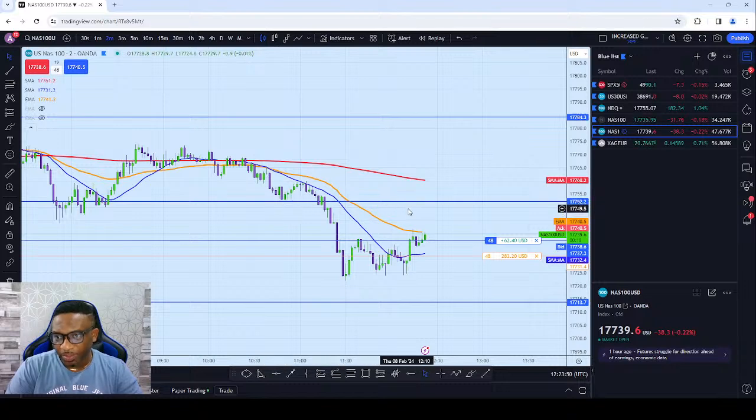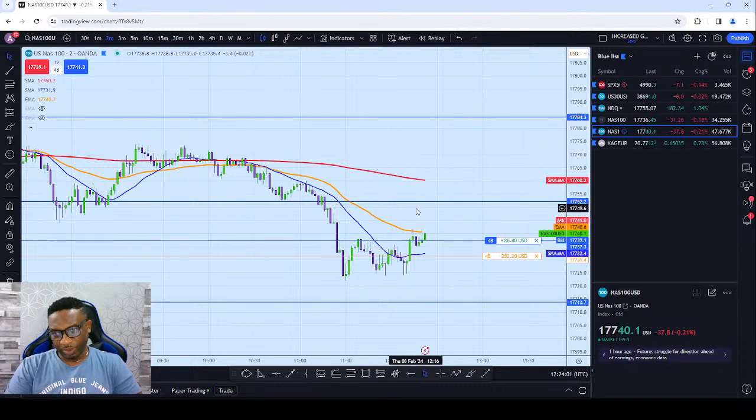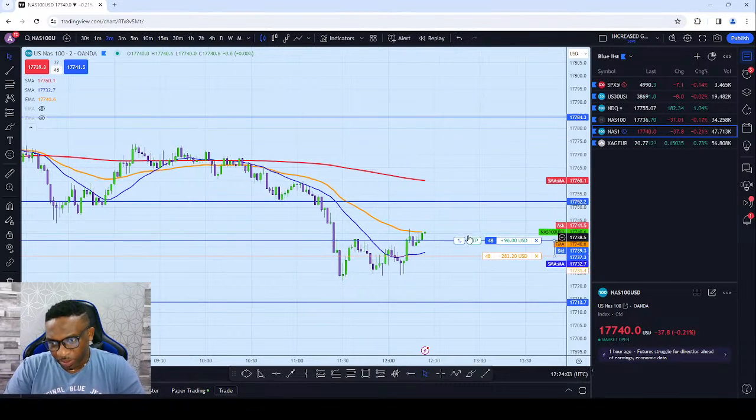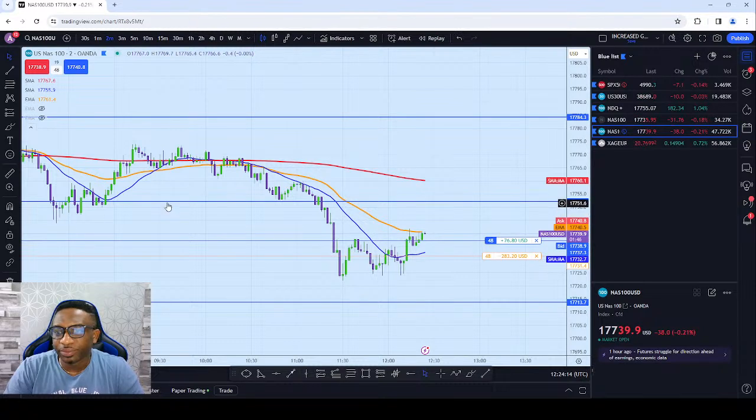This is an area of resistance where we'll see how price reacts off this area. By which time we would have moved our stop loss above our entry to break even. So we'll then wait and see how price reacts at this level, this area of resistance above here.